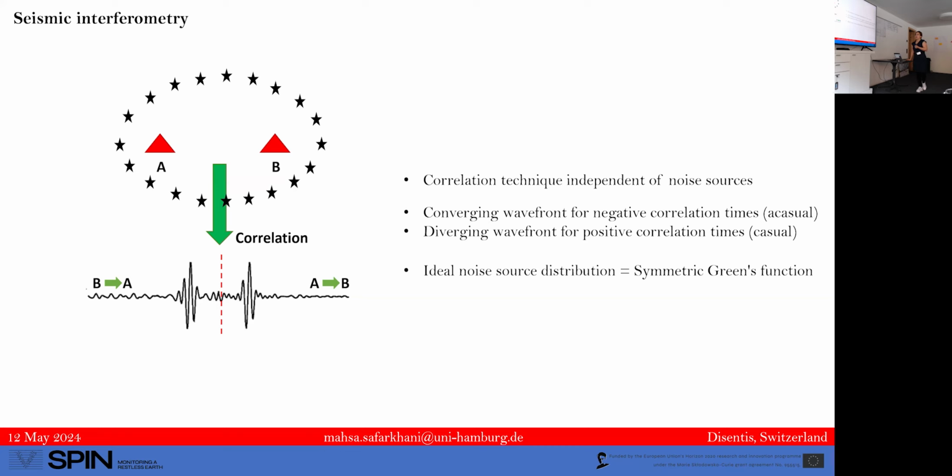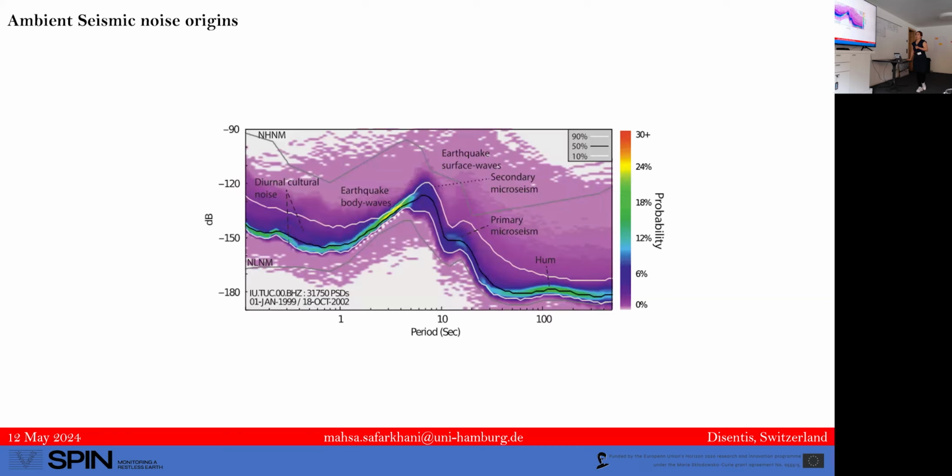About the ambient seismic noise origins, we have two main categories. One of them is lower than 1 Hertz and is caused by natural loading causes. For example, storms in the lakes and ocean swells can generate this kind of noise source. And there are two well-known peak frequencies.